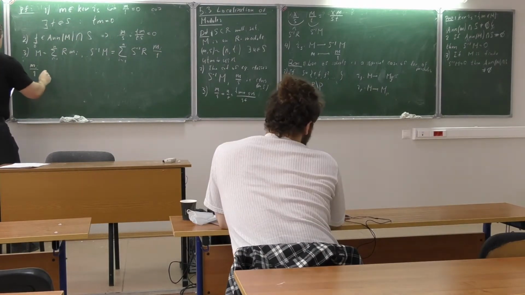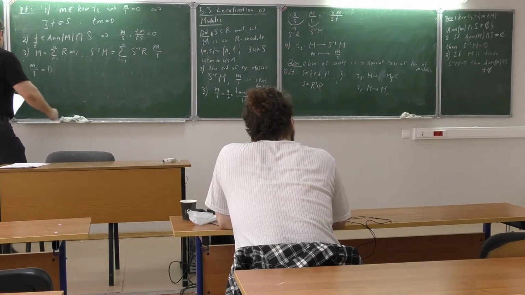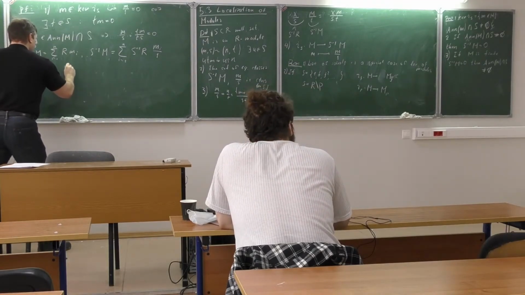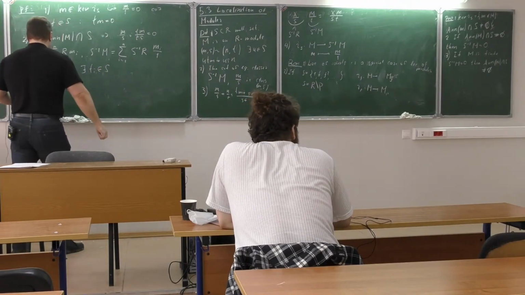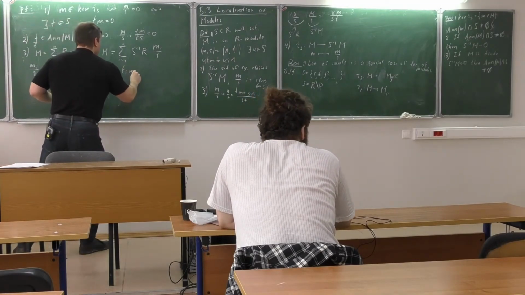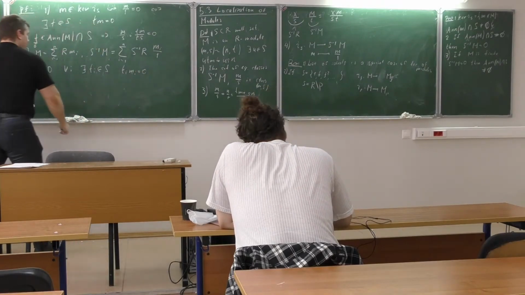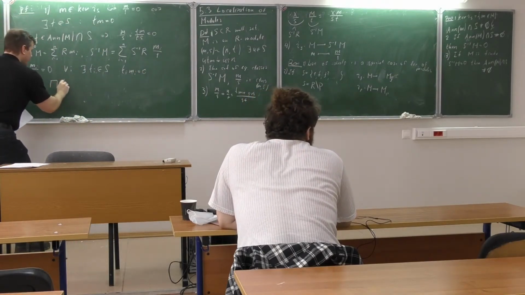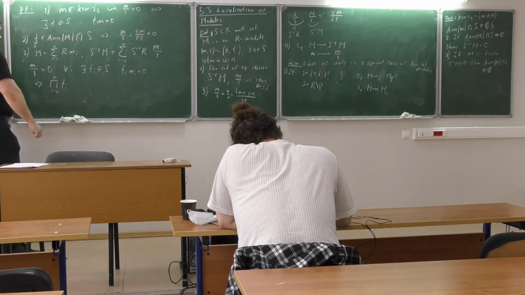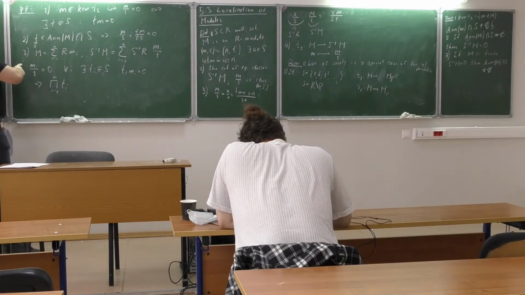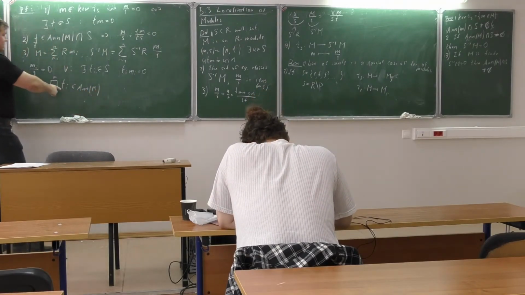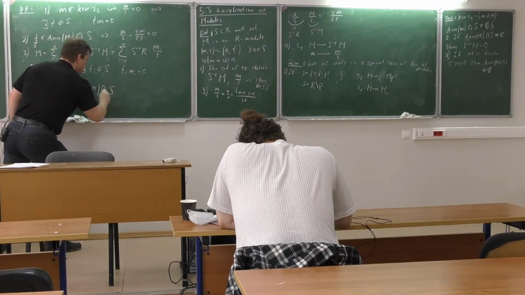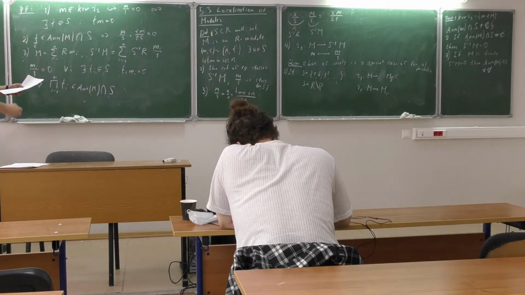So if every generator is zero, it means that for any i there is an element t_i in the multiplicative set such that t_i m_i is equal to zero. Then I can take the product of all such t_i, and this will annihilate any generator, so it annihilates any element in the module. So this is in the annihilator of the module, and also it is a product of elements in S. So this is in the intersection with S. And that's what we needed to show.